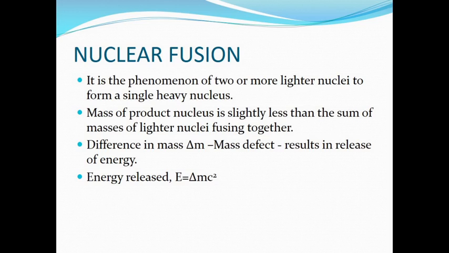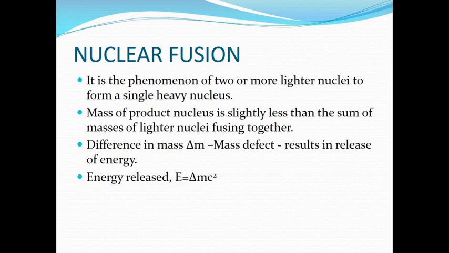Now the mass of the product nucleus is less than the sum of the masses of the lighter nuclei which are fusing together. And we know that the difference in mass is known as mass defect, and the energy equivalent to that mass defect is known as binding energy, which is released as energy in the fusion process by the equation E = ΔM C².